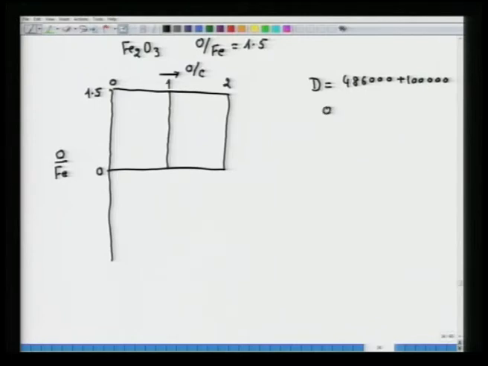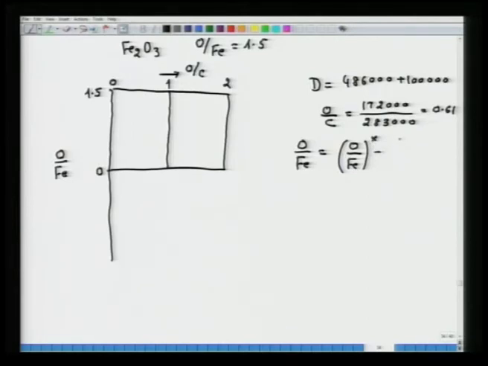So, O by C now is equal to 172,000 upon 283,000. So, this value is equal to 0.61. Now, I have to find out O by Fe. O by Fe is equal to O by Fe x minus d upon 283,000. So, O by Fe x is 1.5 minus 586,000 upon 283,000.